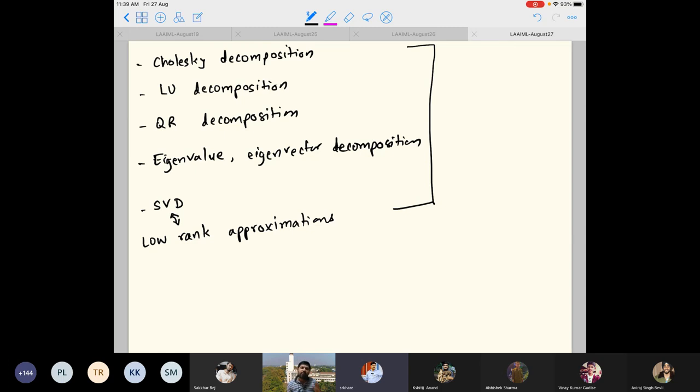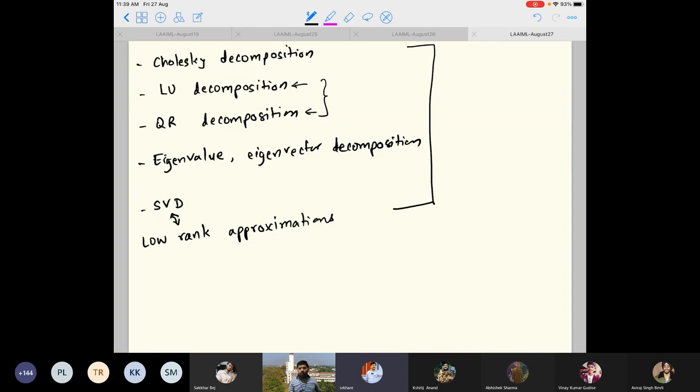Okay. So these are the 5 fundamental decompositions in a matrix algebra course. And Cholesky decomposition in a way is a particular case of LU, so I'm not going to deal with it separately. I'm going to look at LU and QR. So in the next couple of classes, we are going to cover these 2 of the 5 important decompositions. Okay, so that's the plan. Any other comment?